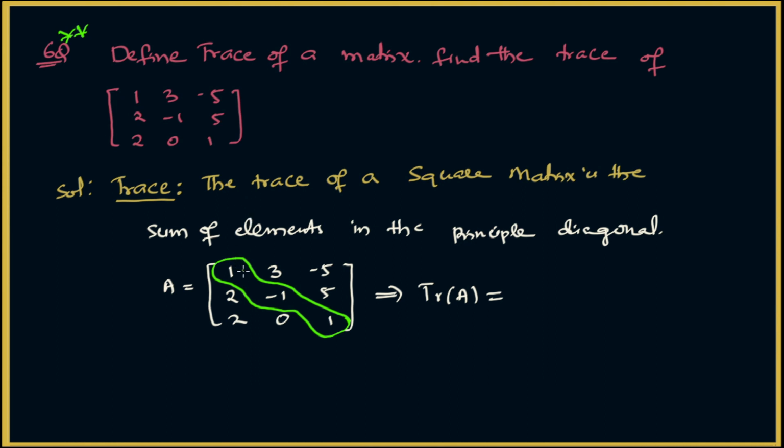So trace means we have to add them. Trace of A is denoted by tr of A. So first element is 1, plus second element minus 1, and third element 1. So 1 plus 1 minus 1, the 1 and minus 1 get cancelled. Therefore trace of the given matrix is 1.